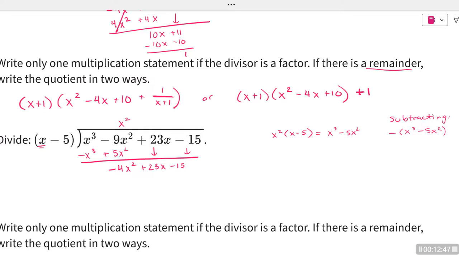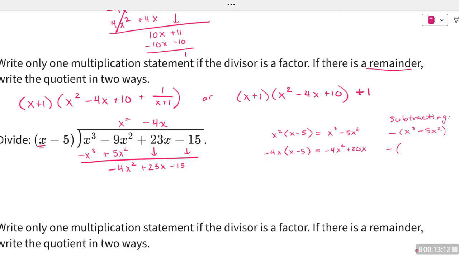Okay, so now we're looking at x squared still, but now we're using this negative 4x squared. So I need the minus 4 to make the coefficients match, and I need one more x. So negative 4x times x minus 5 is going to give us negative 4x squared, which is what we want, plus 20x.